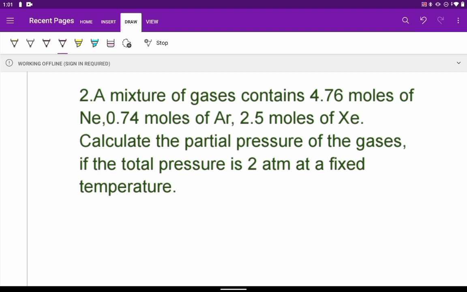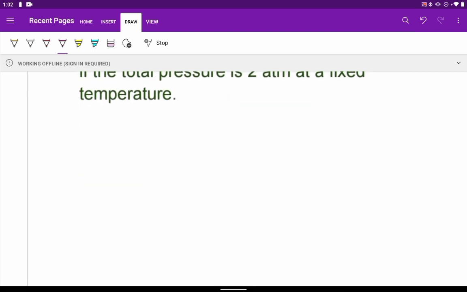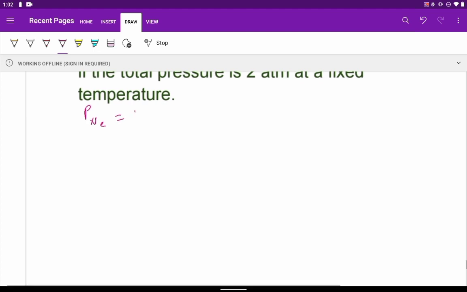Now partial pressure of neon will be equal to the product of mole fraction of neon into total pressure. So we have to find out first this mole fraction.